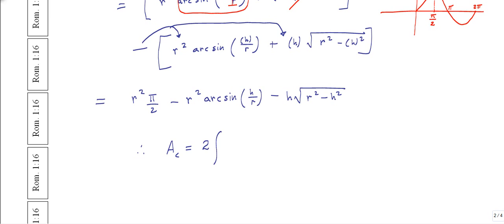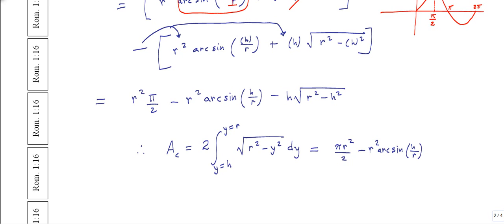It's 2 times the integral, y going from h to the radial dimension r, times radical r squared minus y squared dy, and when you evaluate this integral you find that it's equal to pi r squared over 2 minus r squared arc sine of h over r, and then minus h times radical r squared minus h squared.